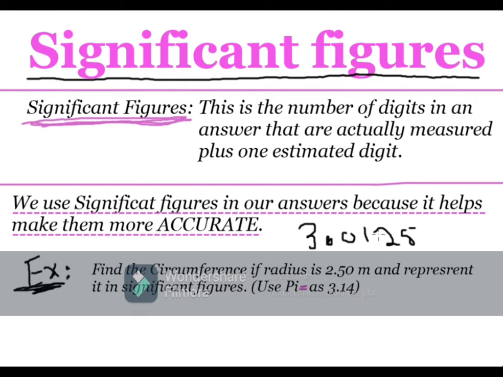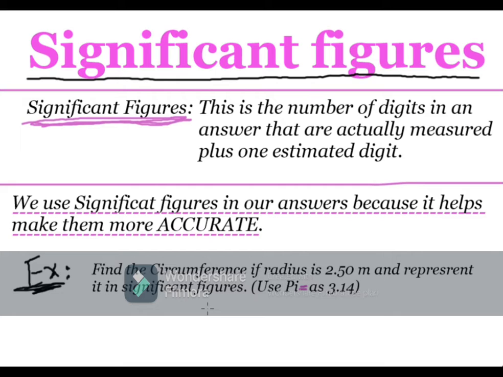So significant figures make it short, which makes it accurate too, because it's the number of digits in the input values. There are specific rules too, which I talk about later.